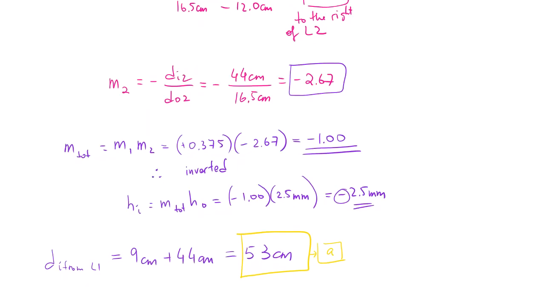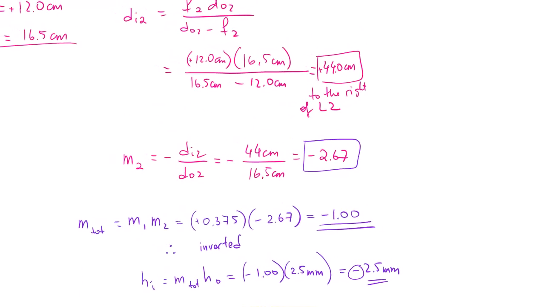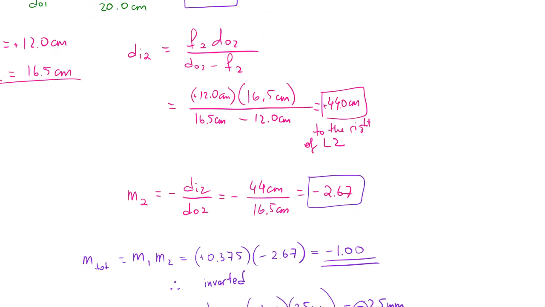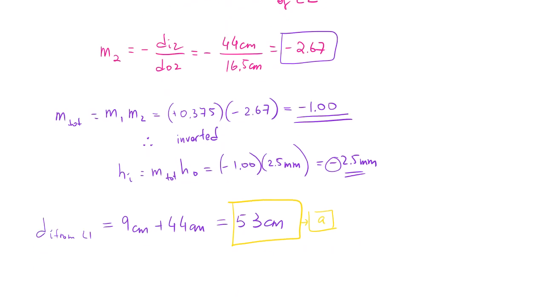If you get a DI that is positive, right here, positive means it is a real image and not virtual. So that's my part B. And finally, the final height would be 2.5 millimeters, and this means it's inverted. So this is part C.